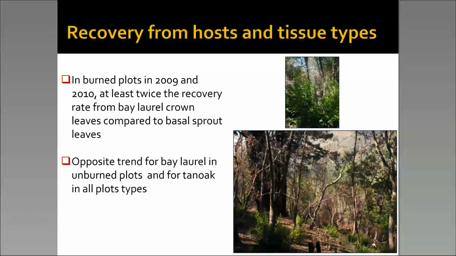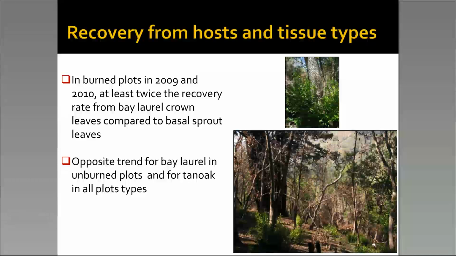But we found the opposite trend for this tree in unburned plots, as well as for tan oak in all plots. So let me rephrase this in a clearer way.